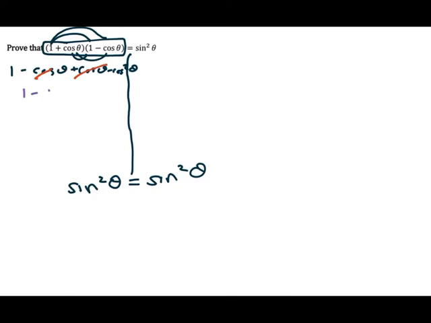So I have 1 minus cosine squared theta. Well, we know that 1 is the same thing as sine squared theta plus cosine squared theta. And then I'm going to just bring down this purple cosine squared theta that was already there. And if I combine negative cosine squared and positive cosine squared, I get 0.